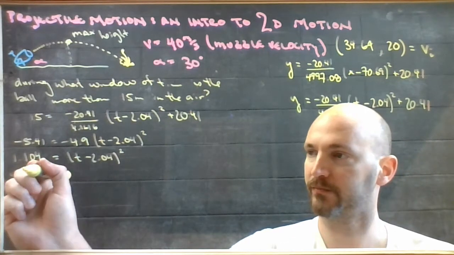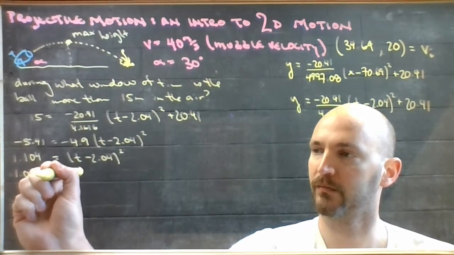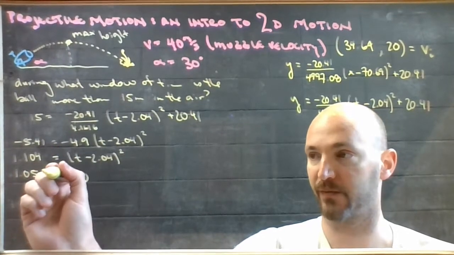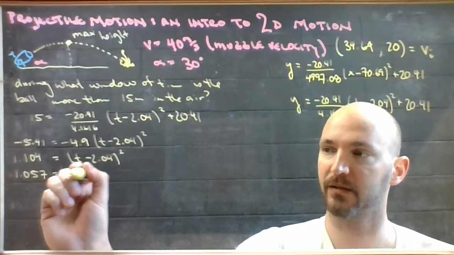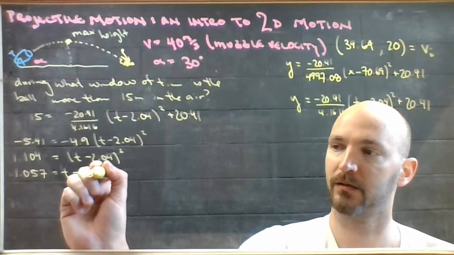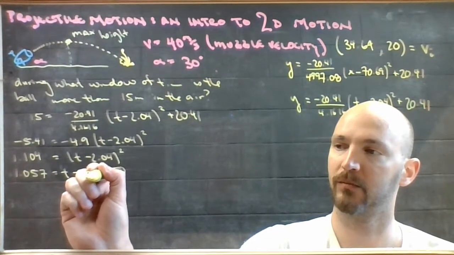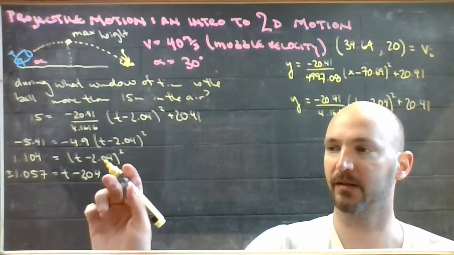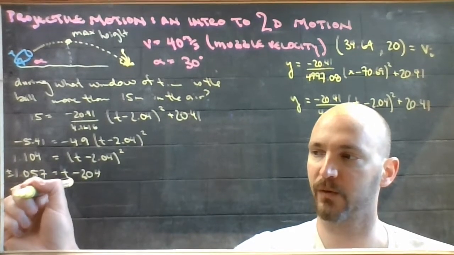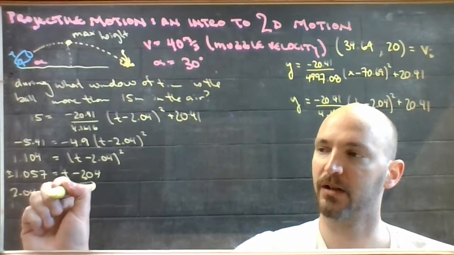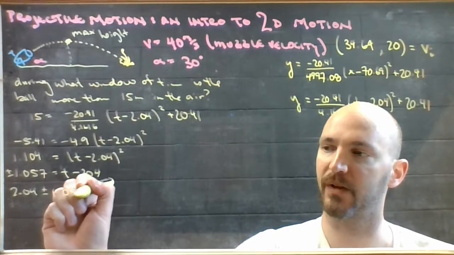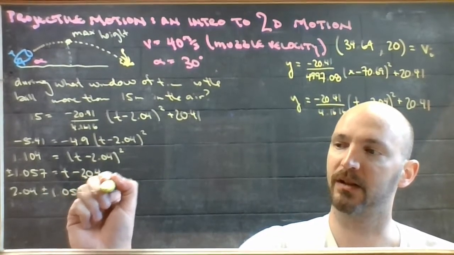1.057, I suppose we can keep that. Plus or minus. You can kick the 2.04 over there. 2.04 plus or minus 1.057 equals my time.